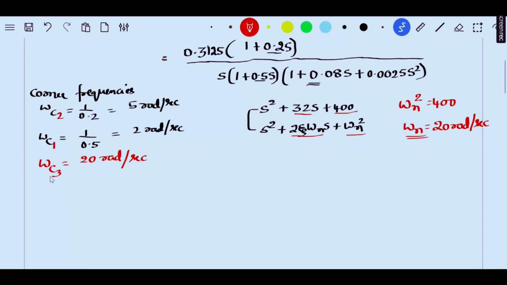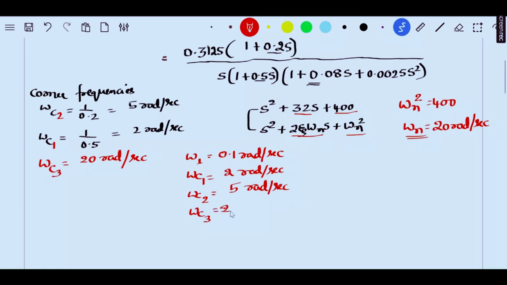Okay, so now I need to list out all the omega values. Omega L, initially we take an omega lower value, which is less than 2. We always assume, as I told you, 0.1 radians per second. Whereas omega C1 is 2 radians per second, omega C2 is 5 radians per second, and omega C3 is 20 radians per second.